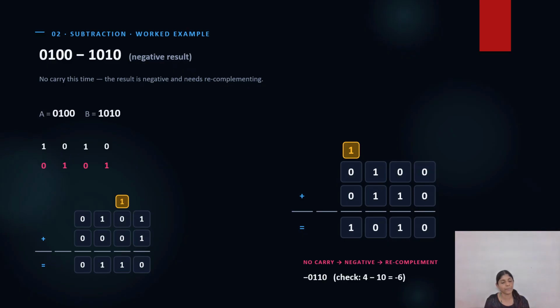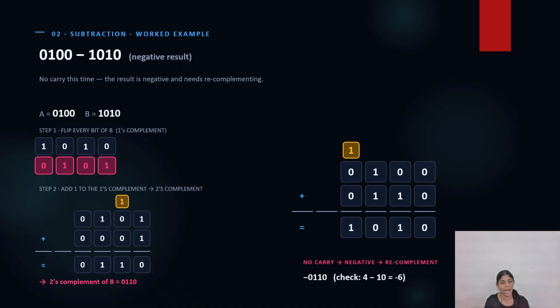In step 1, take the 1's complement of B. What is B? 1010. So 1010 will become 0101. What is your step 2? With the 1's complement, you have to add 1. So 1 should be added at the LSB and the remaining places will be padded with zeros.